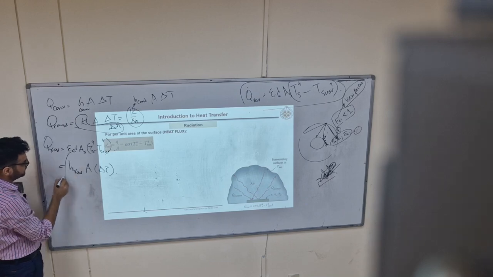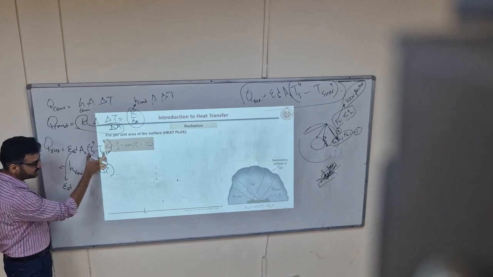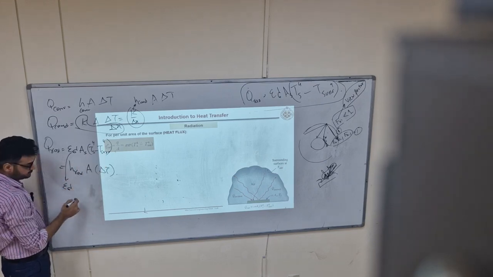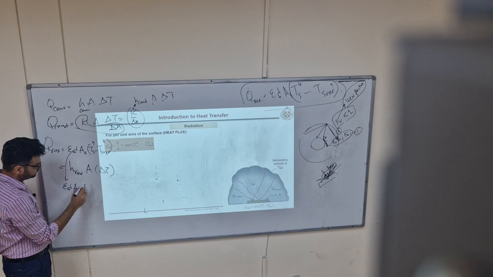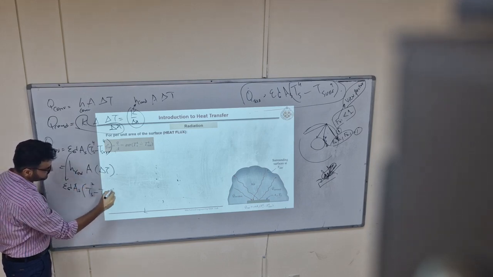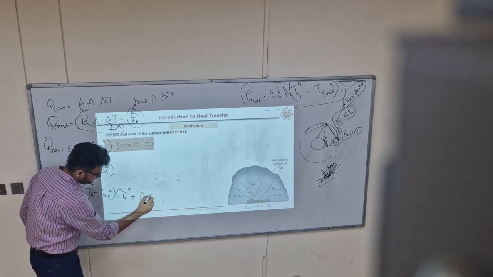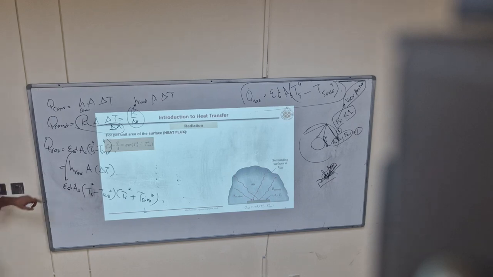I want delta T here, so simple algebra: Ts to the power 4 minus T surrounding to the power 4 can be written as Ts square minus T surrounding square, times Ts square plus T surrounding square.